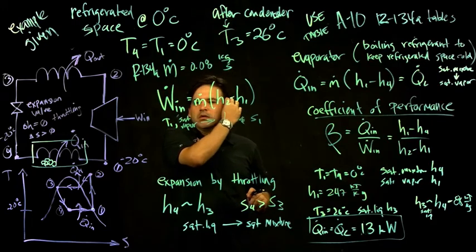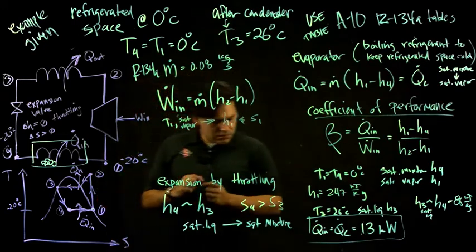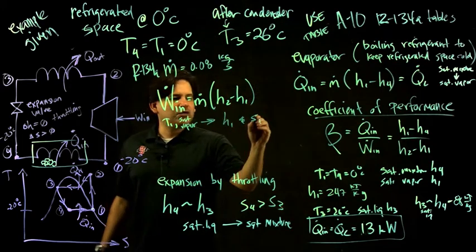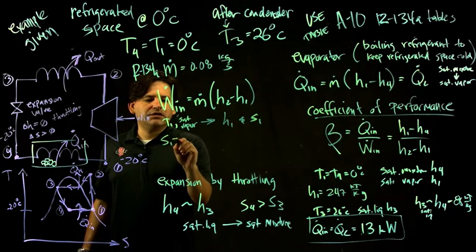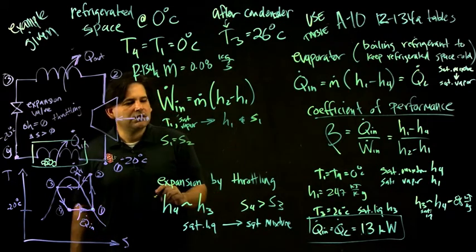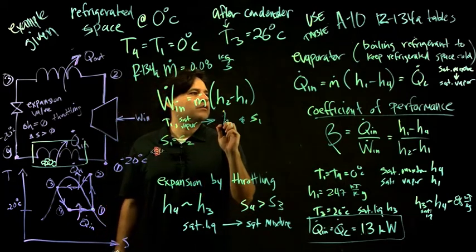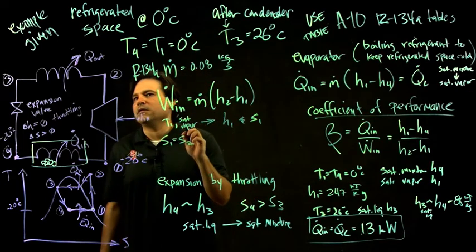So, if we know S1, we can say if this is an isentropic compression, we know the entropy, and I think there's another variable, the pressure probably, after compression. I think I didn't write it.